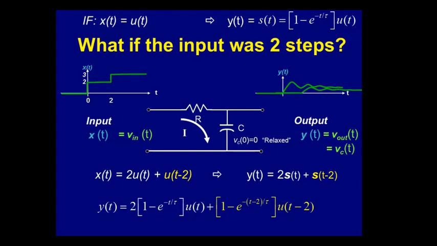Okay. So you give me any input that looks like a bunch of steps and delayed steps and scaled steps, I can give you an analytical answer for the output of the system, just as we did there. Just taking it a step further. That's pretty good. That's not quite good enough, but that's pretty good. Why do I say it's not quite good enough?